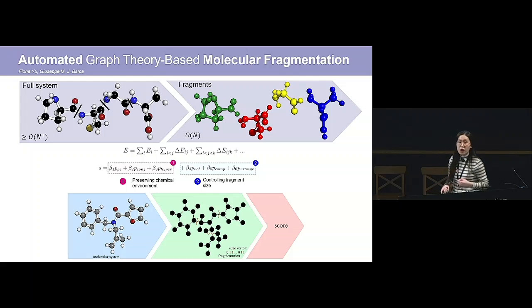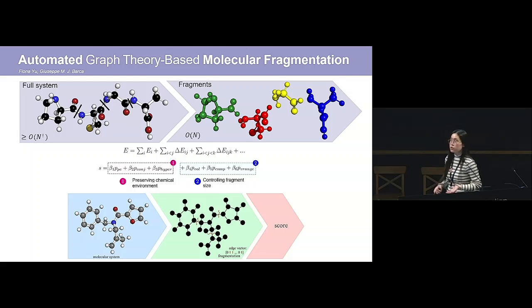And in our approach, the fragmentation problem is recast as a mathematical problem, which involves the optimization of a scoring function, and that's this one here. Basically, the scoring function attempts to represent the quality of a fragmentation instance, because for any molecular system, there are multiple ways you can fragment it, and we want to find the optimal way to do that.